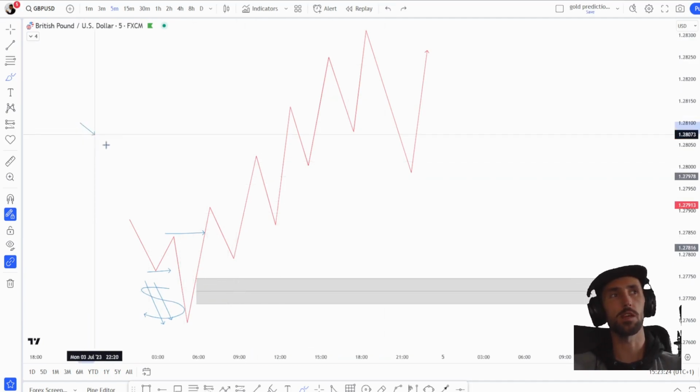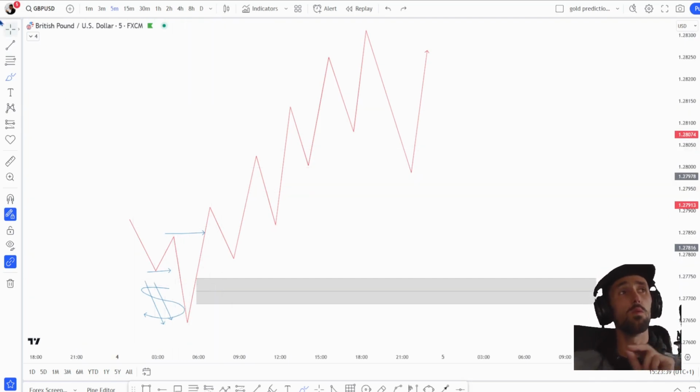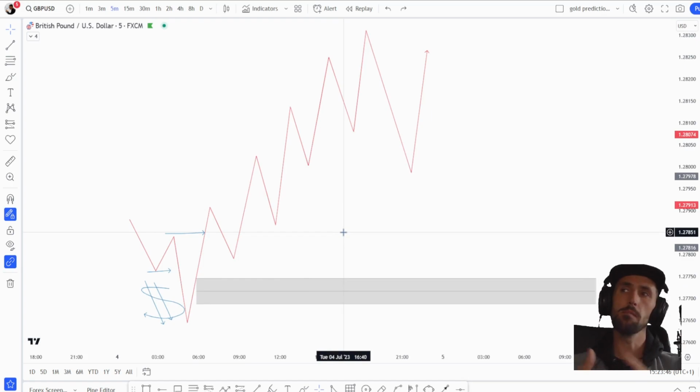Prices are being shifted from downwards moving prices into upwards moving prices, telling us the probability of large bank orders sitting in these areas is very, very large.